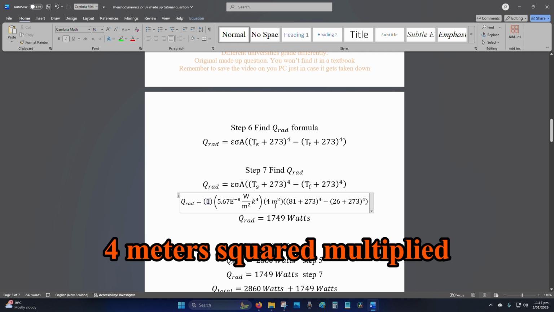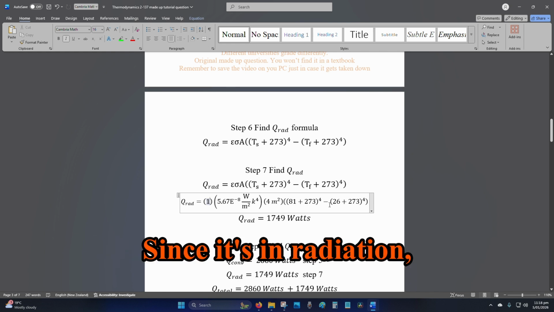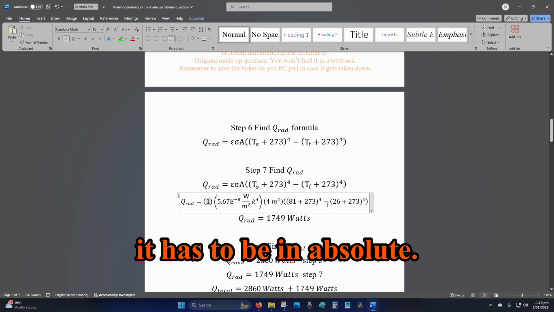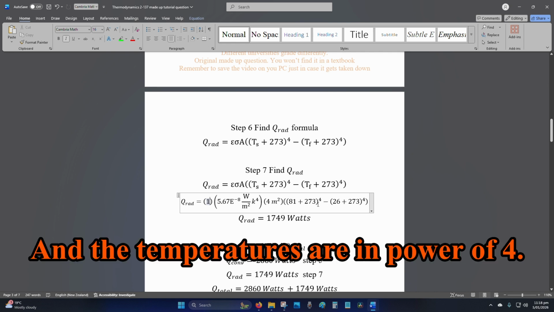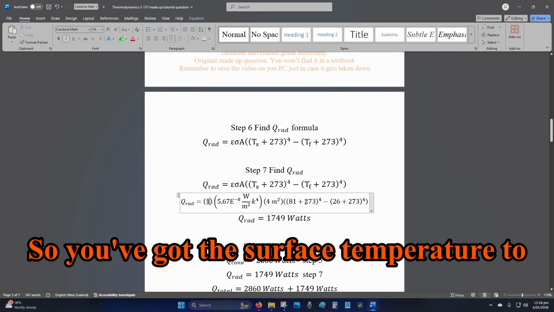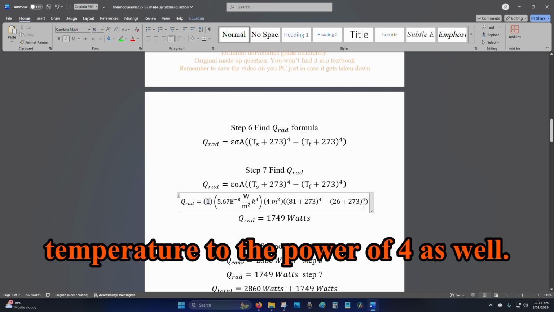multiplied by 4 meters squared, multiplied by the change in temperature. Since it's in radiation, it has to be in absolute. So you need to make it into Kelvin. And the temperatures are in power of 4. So you've got the surface temperature to the power of 4 and the ambient temperature to the power of 4 as well.